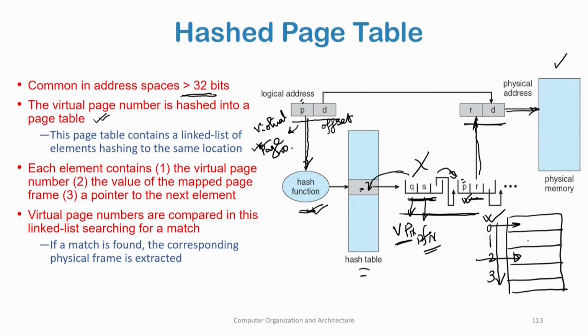I keep an entry for all virtual pages that I have, and that makes it easy to search for a particular page table entry. Because now if I want to search for logical page number 5, virtual page number 5, I know that it can be indexed by page table 5.